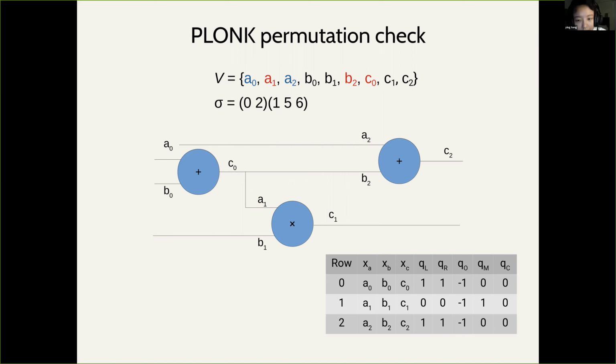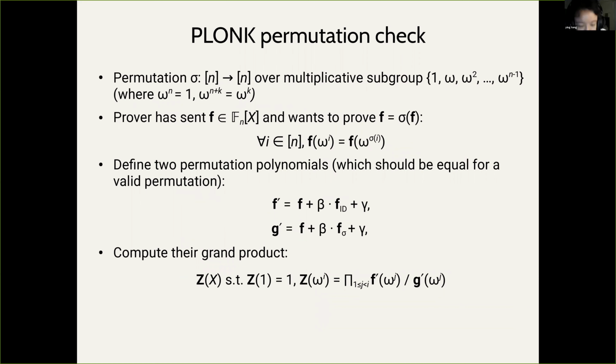Okay. So how this copy constraint is turned into a polynomial is on the next slide. It's through something called a grand product. Over here, Plonk actually works over a multiplicative subgroup, and that just makes life easier. This subgroup is a group generated by some primitive root of unity omega.